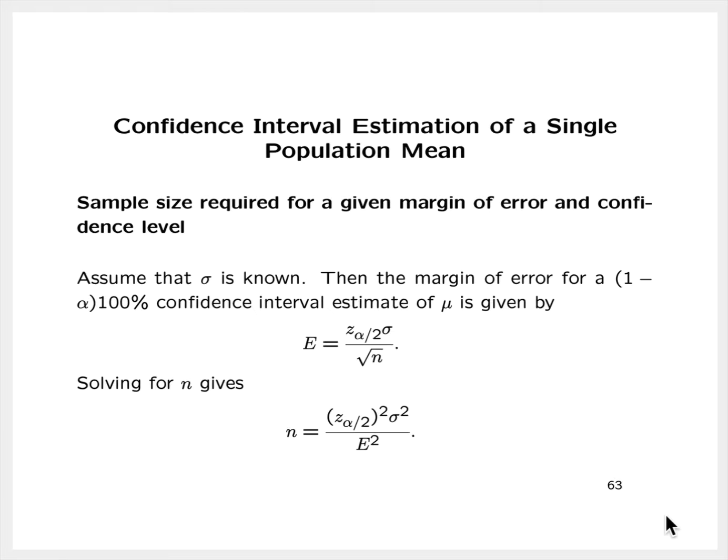Now let's look at something that we can use for planning an experiment. Whenever we're planning an experiment, we're typically going to be testing hypotheses and/or constructing confidence intervals in order to estimate the population characteristics of interest.